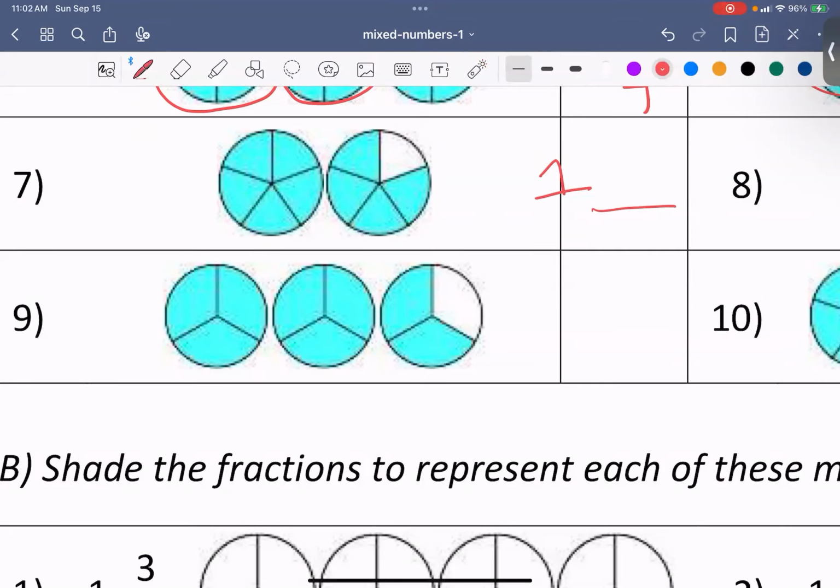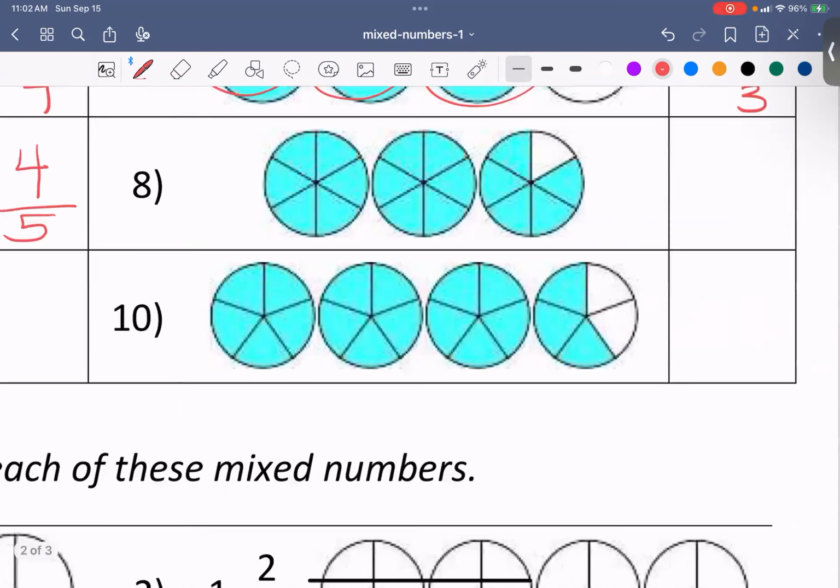It's cut into 5 parts. And how many parts are shaded? 4 parts are shaded. Let's go to number 8.